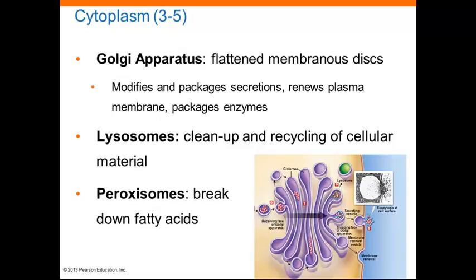They can help with immunity, and they can trigger autolysis, which is sometimes called cell death. Another type of packaged enzyme is the peroxisome, which I don't have pictured here, but was pictured in that 3-2. And so these contain enzymes that will break down fatty acids. So that's a very specific type of enzyme.